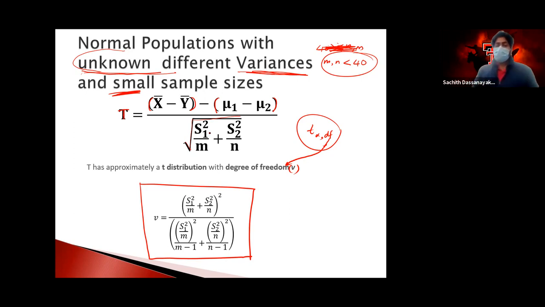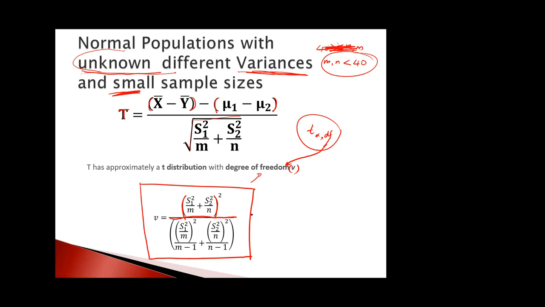Don't forget, for this case, the numerator is like the square root of this denominator. See, square root of that denominator. So this kind of relation is there, and you have to be familiar with this equation to find the degree of freedom. Once you find the degree of freedom, it is going to be a real number, like 2.5 or 5.7.